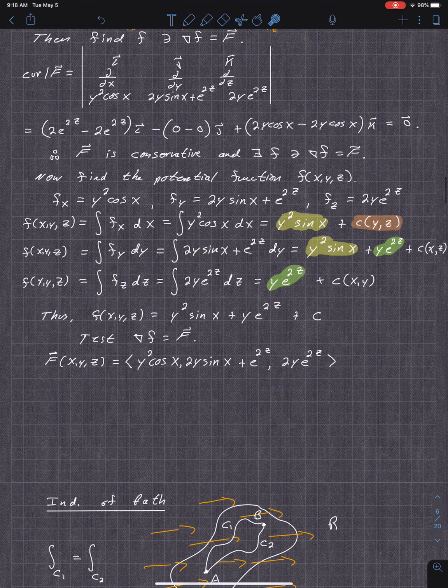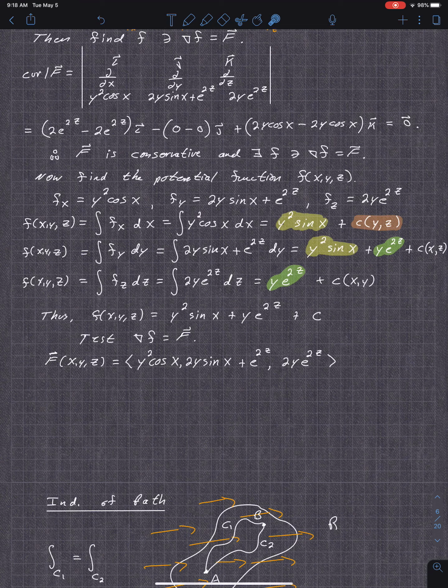So f of x, y, z, which is what we're looking for, is going to be the integral of partial fx dx, and you substitute that in. You evaluate that, and then it's going to be plus not just a constant, or I'm sorry, it's a function of y and z, or a constant.